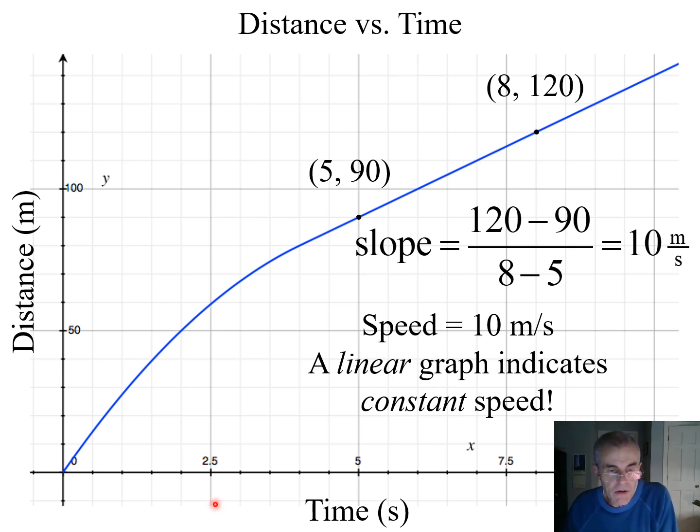Let me also point out a couple of things here. We're finding the slope using the units on the graph. 2 squares over on this graph happens to be 1 second in time. 1 square up is 10 meters, so the slope is 10 meters rise over 1 second run.